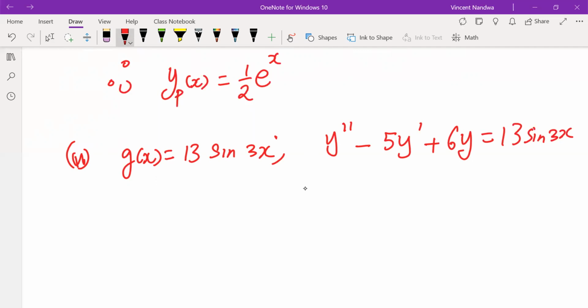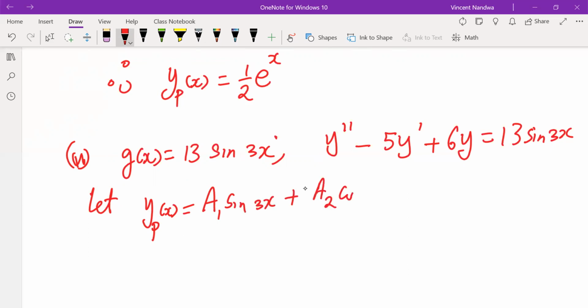So to solve this, since this is a sine function, the particular solution will be of the form yp is a linear combination of cosine function and sine function, of this form.